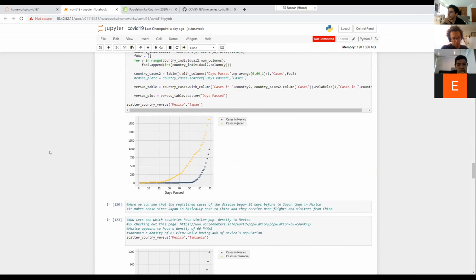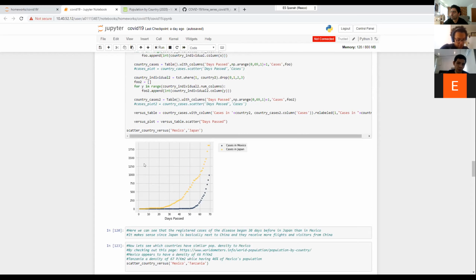Then we can see it is really different, but the conclusion I draw from this is that Japan is way closer to China, therefore they started getting confirmed cases about a month earlier. Approximately a month of difference, and they scaled way faster and way stronger.